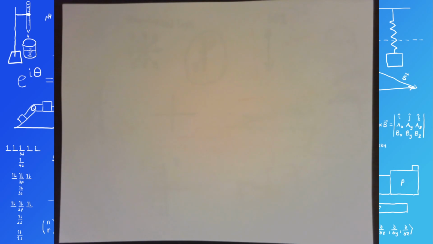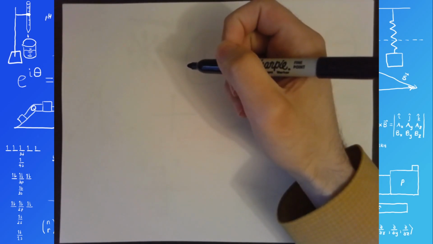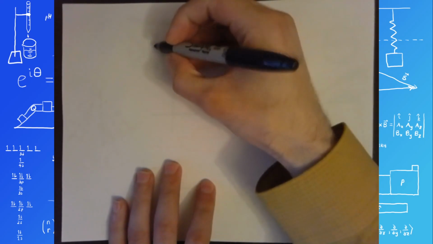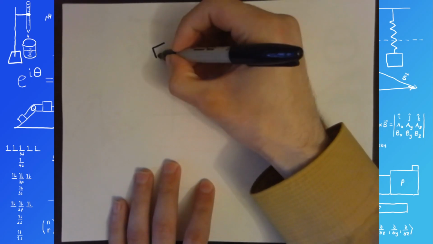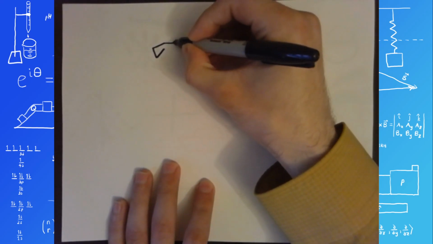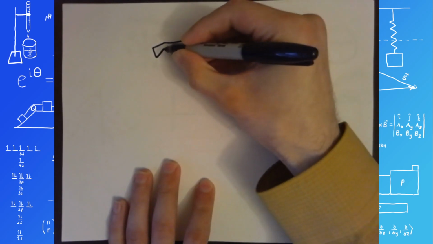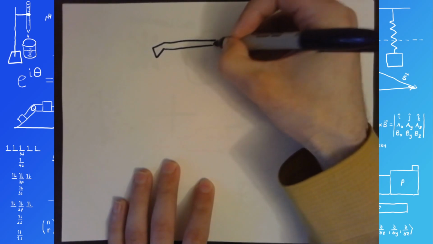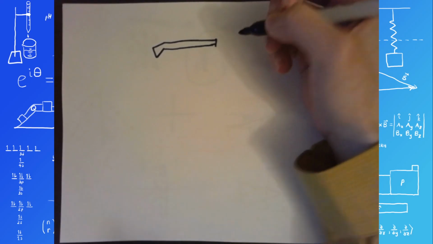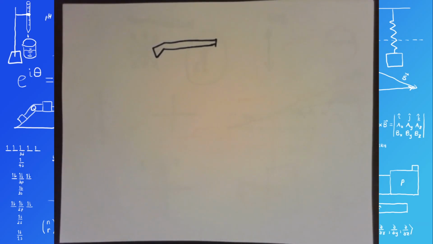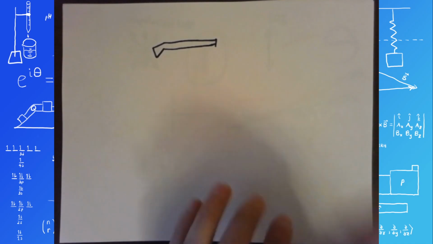First off, I want to do problem number 20 from my book. So it says we have a rifle with a weight of 30 newtons, fires a 5-gram bullet.